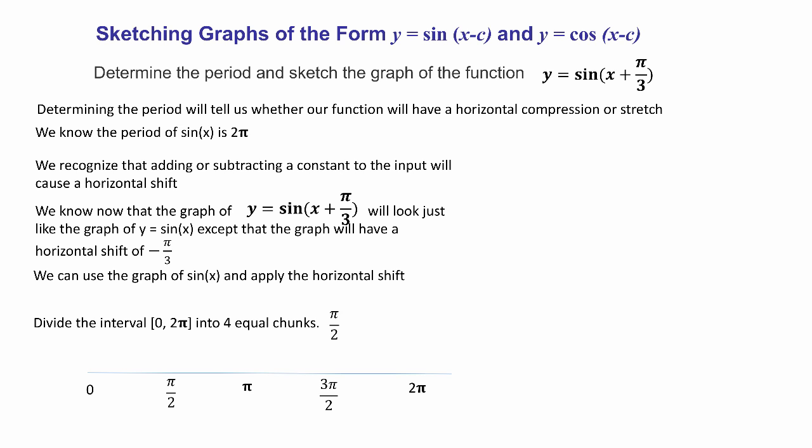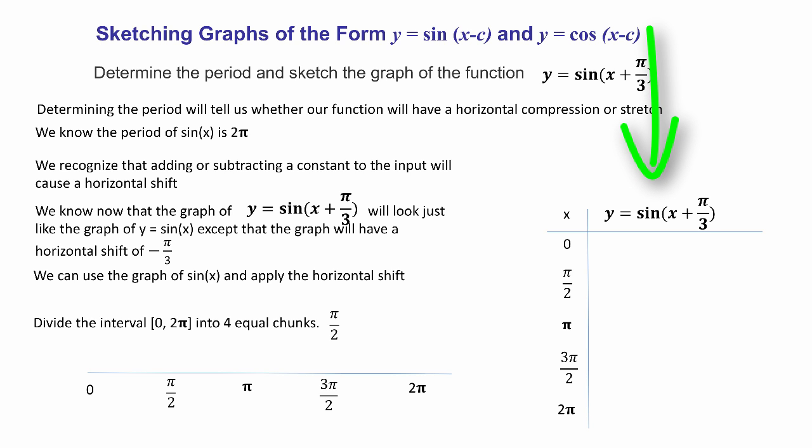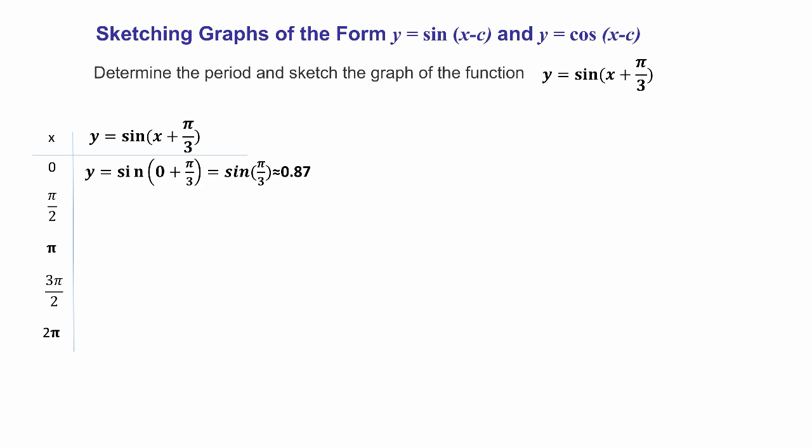Next, we need to find corresponding y values for each one of those x values. So we draw a table. We're going to plug in the values for x and solve for y. So let's start with plugging in x is equal to 0, so we get sine of 0 plus pi over 3 is equal to the sine of pi over 3, and you can just plug that into your calculator and you get about 0.87.